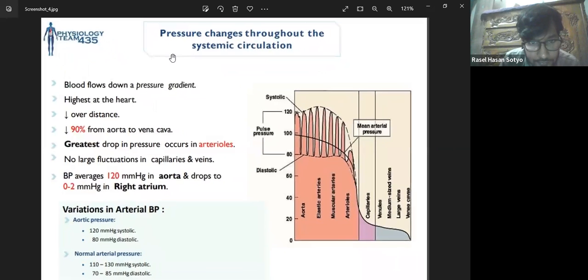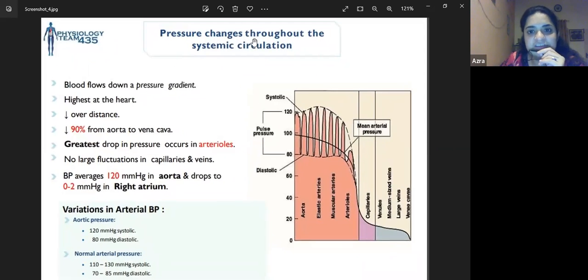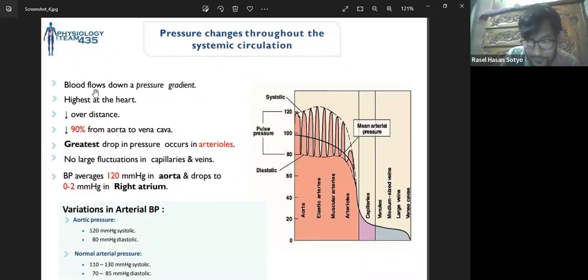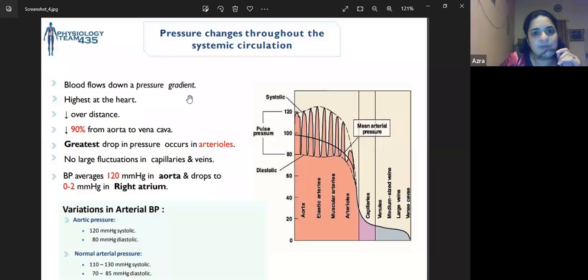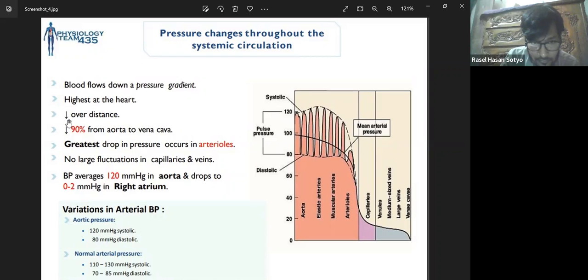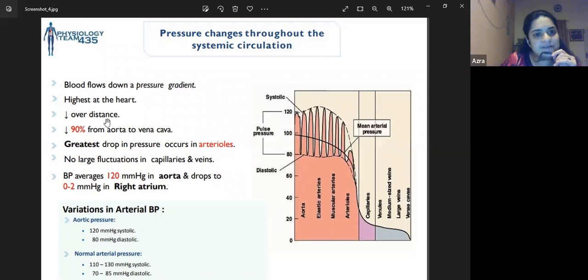Okay. Now comes the pressure changes throughout the systemic circulation. Blood flows down a pressure gradient. It is highest at the heart and falls over distance, with a drop of more than 90% from the aorta to the vena cava.